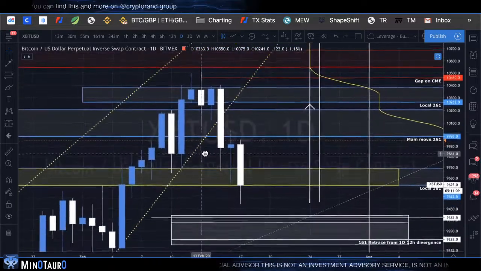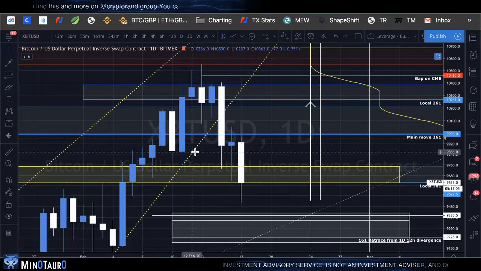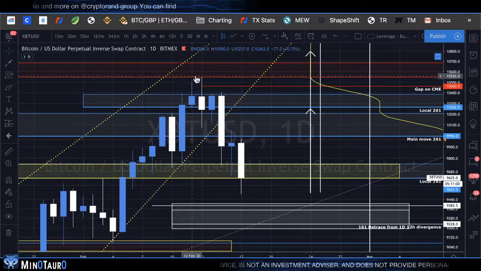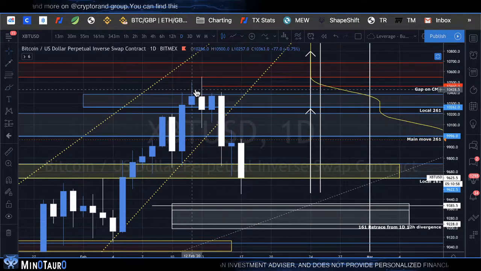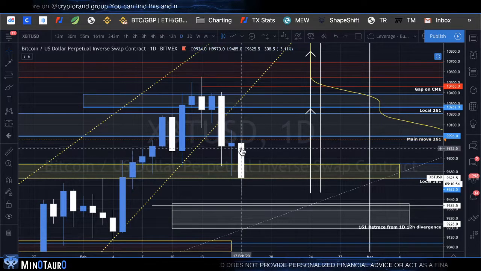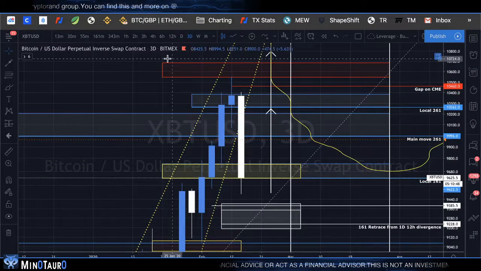We want this to close over there again, so we are not in the influence of this anymore. It can also be that we don't close up there, then it will go for the gain into another candle.